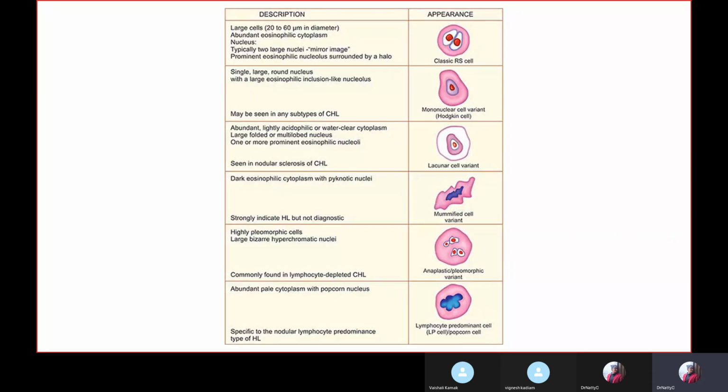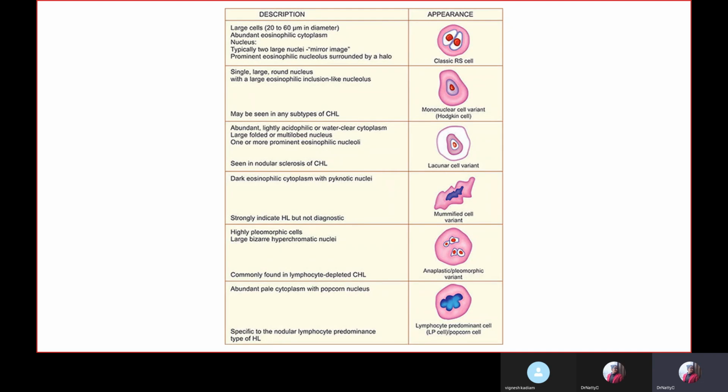Then in this Reed-Sternberg cell, the classical one is called the RS cell or the owl's eye appearance. And there are many variants of RS cell, of which the very important variant is the last one, that is the popcorn cell. In Hodgkin's lymphoma itself, there is a type called nodular lymphocyte predominance type. When there is a nodular lymphocyte predominance type of Hodgkin's lymphoma, the lymphocytes coalesce and resemble something like a popcorn.